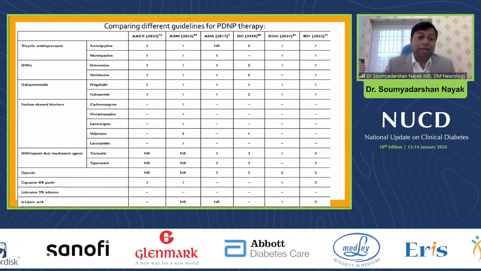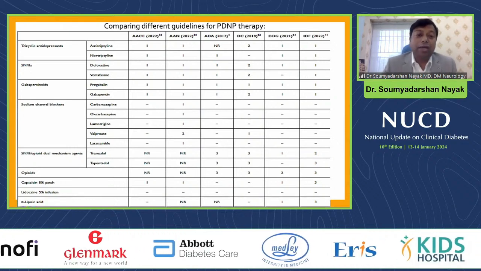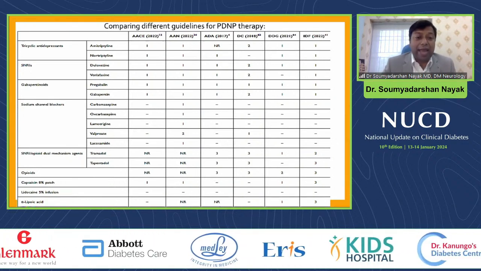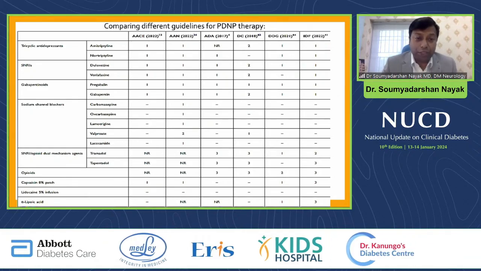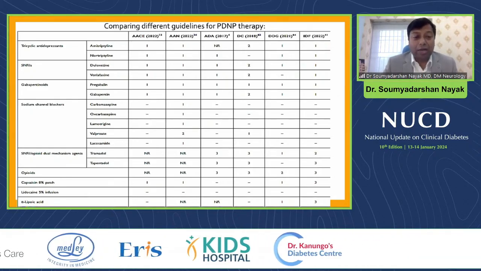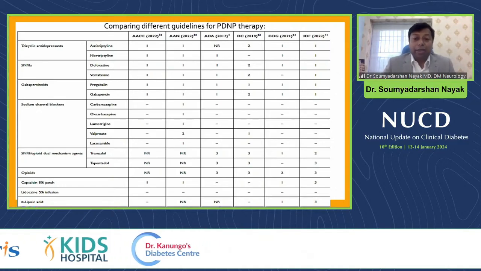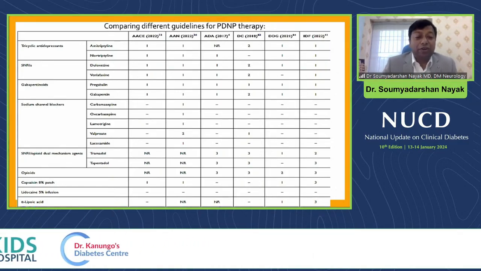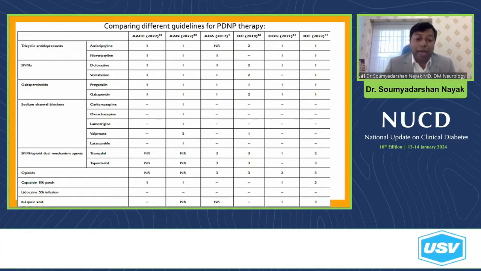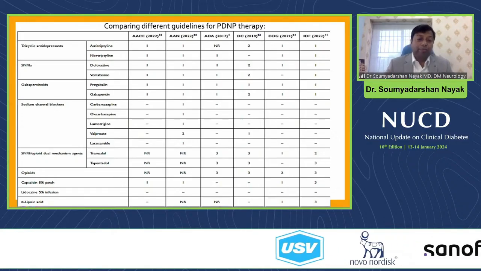So most guidelines have a consensus regarding the tricyclic antidepressants, gabapentinoids, and the SNRIs. But of late, ARN is the only guideline which has given first-line recommendation to newer antiepileptics like oxcarbazepine, lamotrigine, lacosamide, and even valproate.